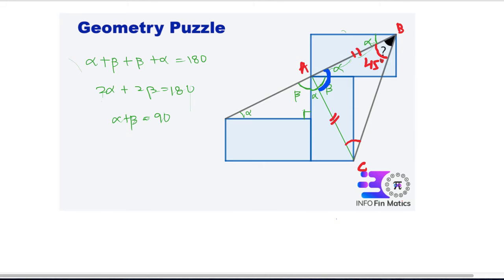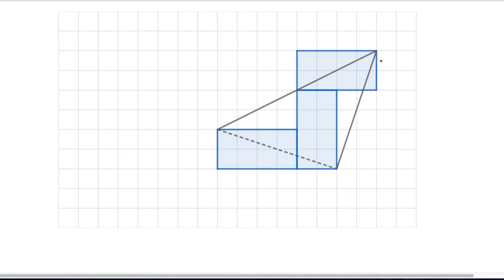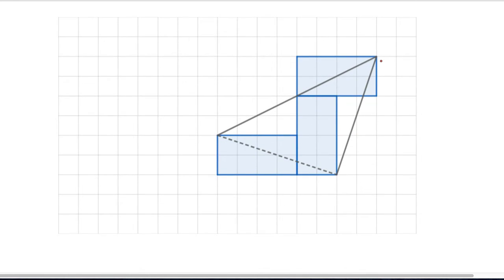Okay, now let's deep dive into trigonometry, how we can use trigonometry to figure this out. Basically I placed the same shape and divided the shapes into small units. You could have considered this single as 1 unit, that's also a possibility, but I have done it by dividing this rectangle into 4 equal parts.